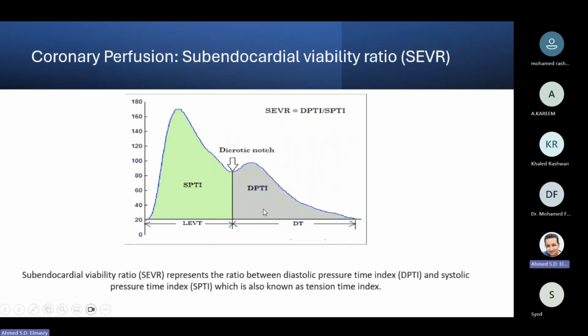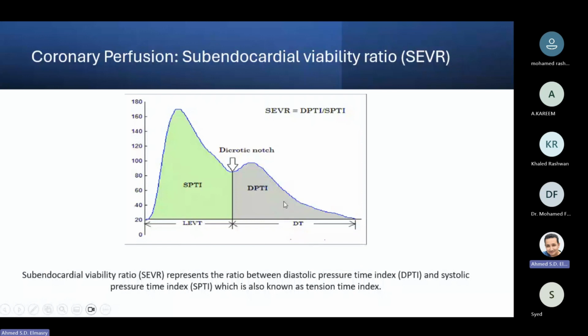And if you divide the diastolic pressure time index over the systolic pressure time index, you will get what is called the subendocardial viability ratio. The subendocardial viability ratio is a surrogate of the coronary perfusion of the heart, especially of the left ventricle. If the ratio is high, that means the coronary perfusion is getting adequate flow. And if the ratio is low, that means the coronary perfusion is impaired.